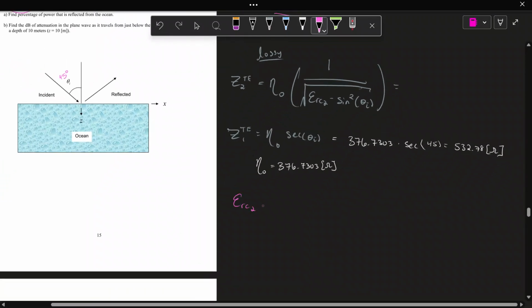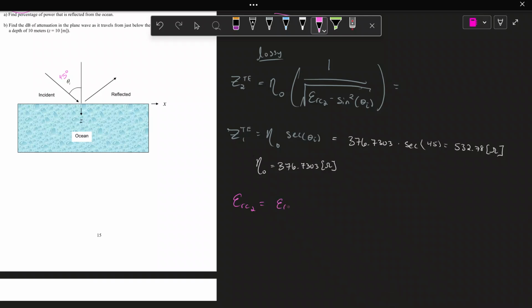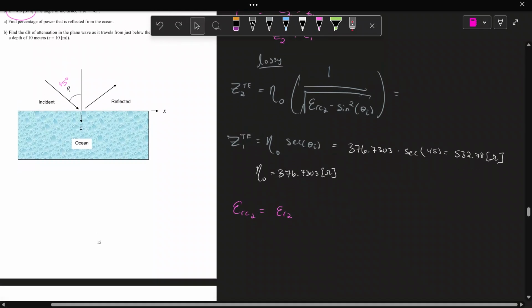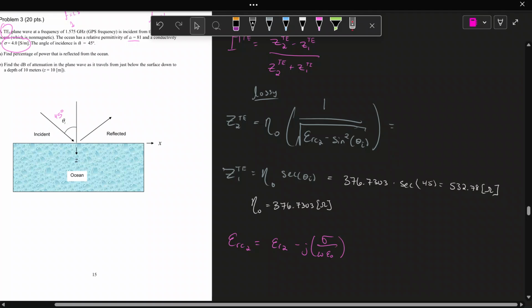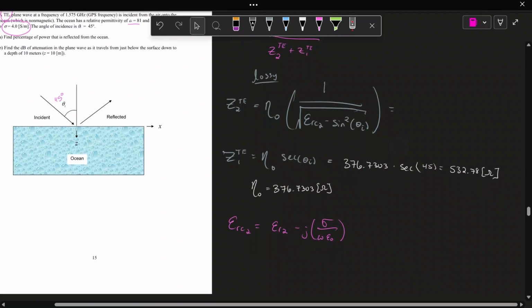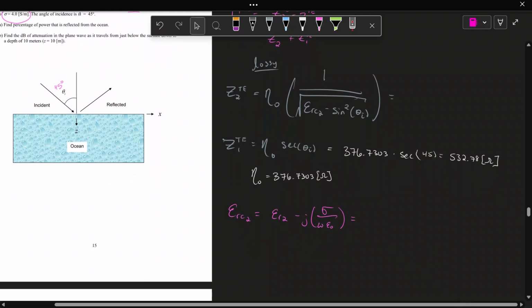Epsilon RC2 is going to be equal to epsilon R2, the relative permittivity in the ocean, or in the second medium, minus J times the conductivity divided by omega, the frequency, times epsilon naught, your permittivity in a vacuum. So, well, we know epsilon R2.